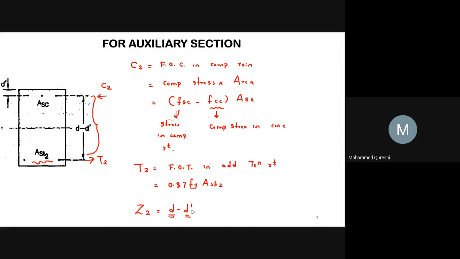So now we will go to the important formulae regarding the doubly reinforced concrete beam. As we had discussed in the first slide, the moment of resistance of doubly reinforced concrete beam will be equals to the moment of resistance of singly balanced RC beam plus moment of resistance of auxiliary section.